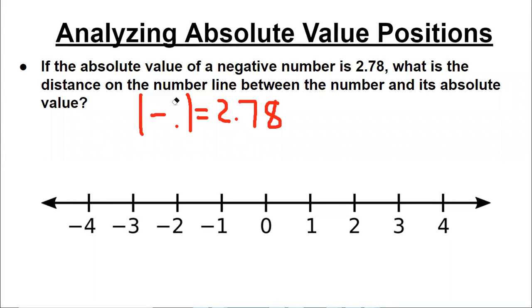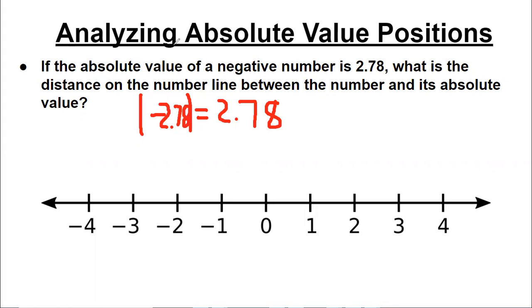So let's stick that in there. Negative 2.78, not 75. Negative 2.78, right? That's true. What is the distance on the number line between the number and its absolute value?